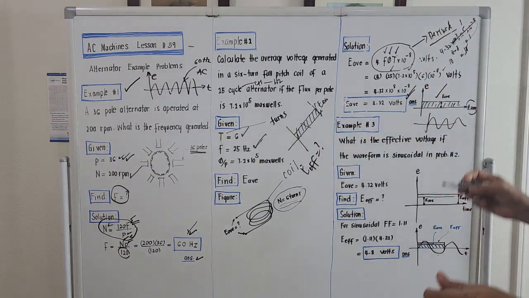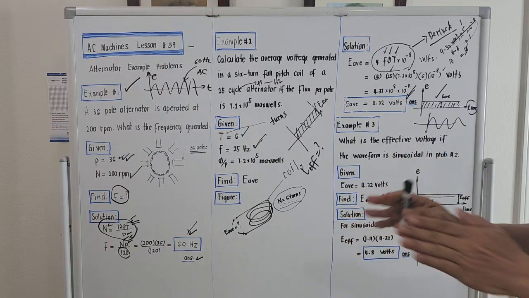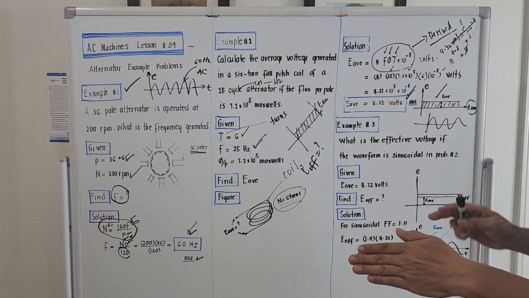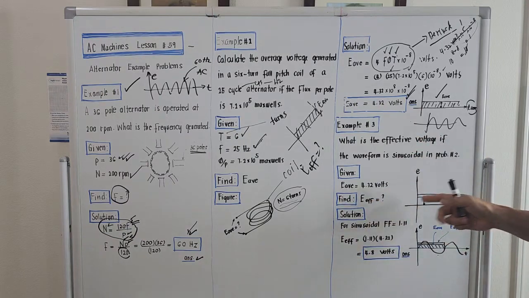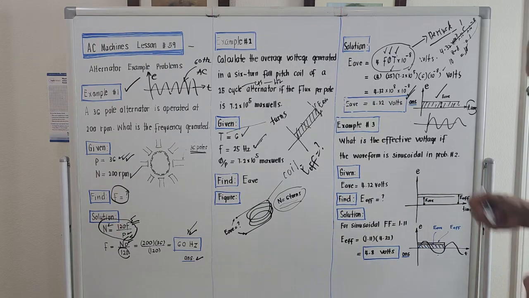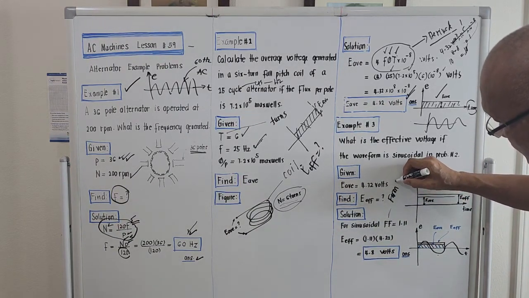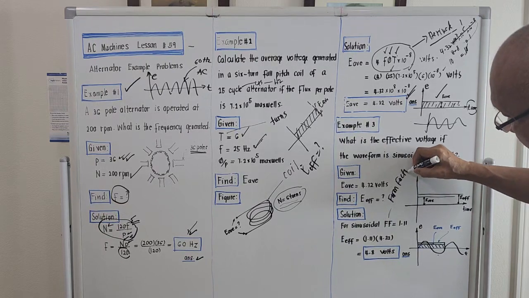Okay. The last time around, I discussed the relationship between effective and average, and there is a relationship designated by capital letters FF, and that FF is actually a form factor, right?